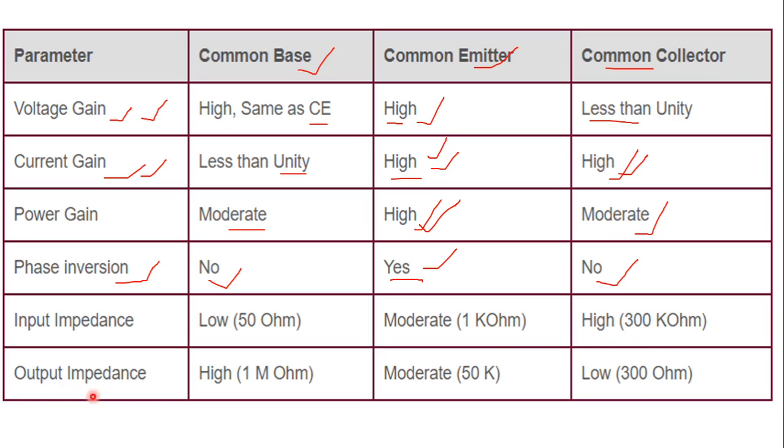Output impedance in common base is high, of the order of 1 mega ohm, moderate at around 50 kilo ohms in common emitter, and low, around 300 ohms, in common collector. These are typical values for the three configurations, and keeping them in mind will help you understand the BJT and related amplifiers with more clarity.